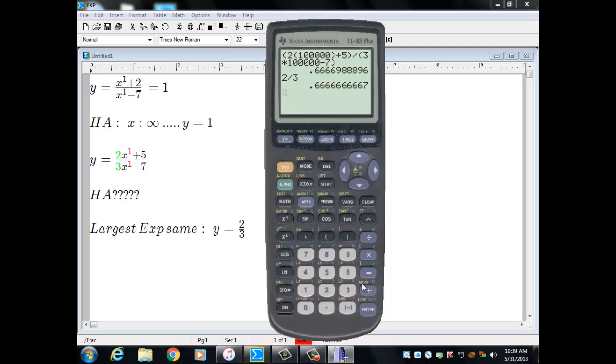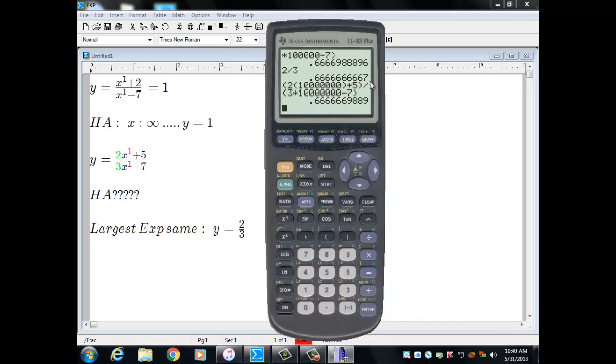And so, if you had this problem and you added a couple more zeros to each one, you'll see that you get even closer and closer to that 0.66667.